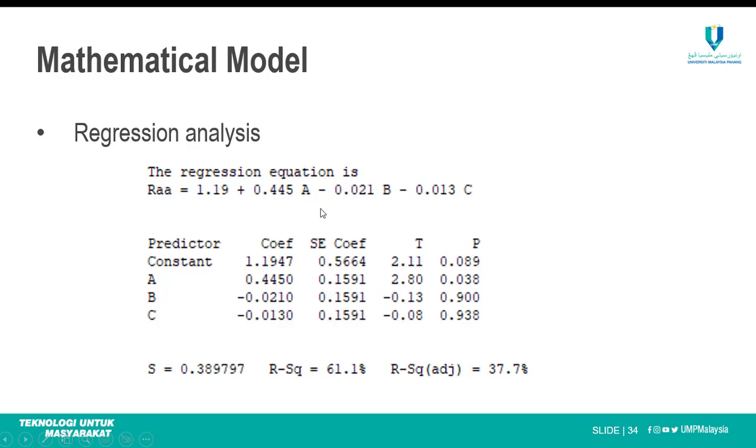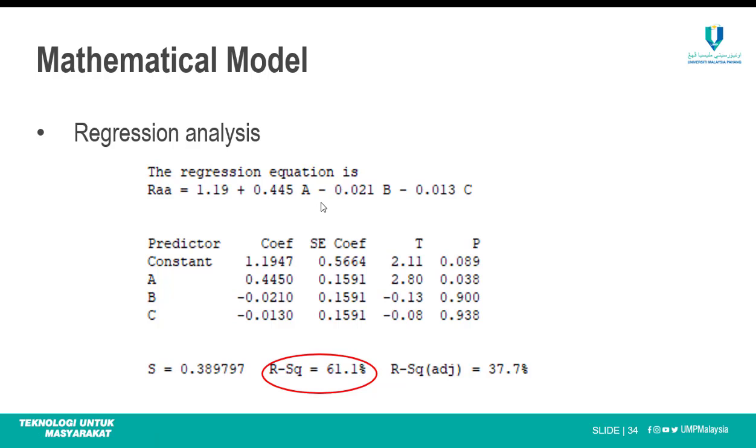linear model. If we look at the R square value, the R square value is only 61%. So it means that the equation generated here is not really representing the whole data.